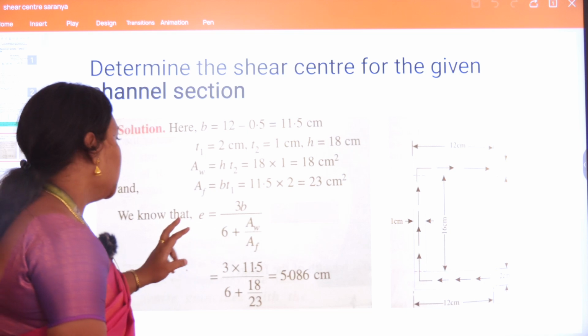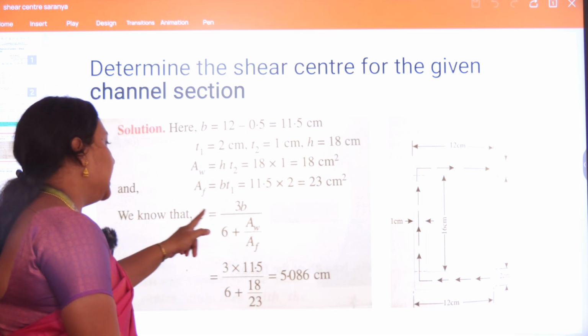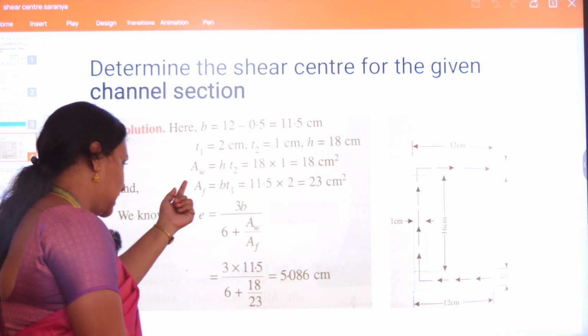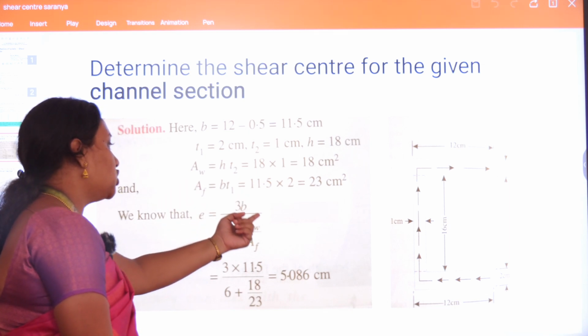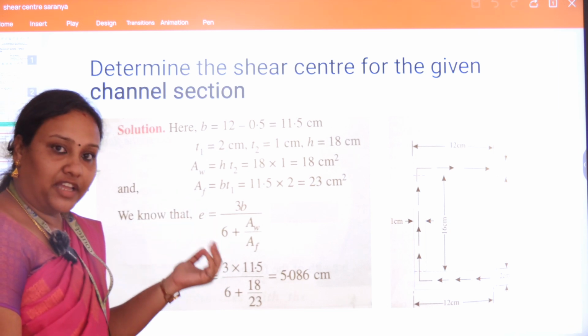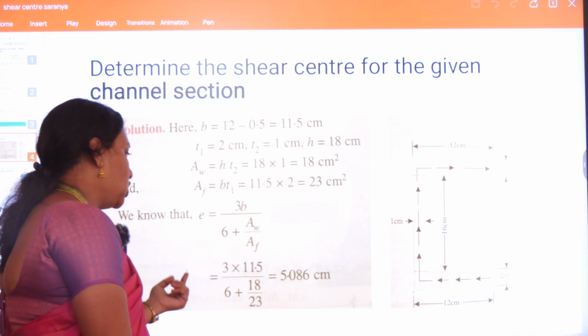It's very simple. You can directly substitute all these values in this formula, that is, shear center acting at a particular eccentricity e is equal to 3 into b divided by 6 plus area of the web divided by area of the flange. So we'll substitute the values.